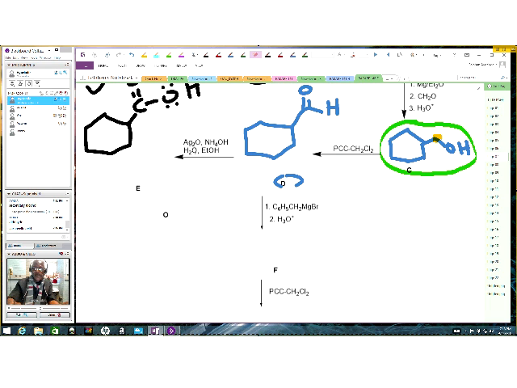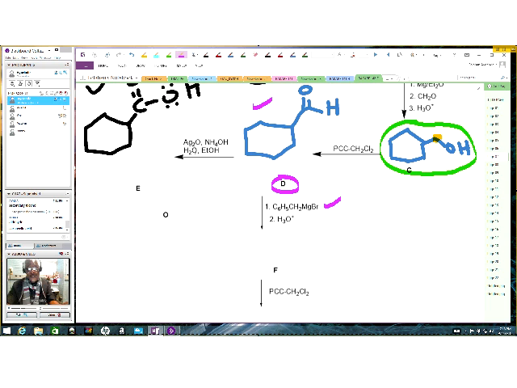Now they want us to take compound D, which is an aldehyde, this here, and then react with a Grignard reagent here, followed by hydronium ion.